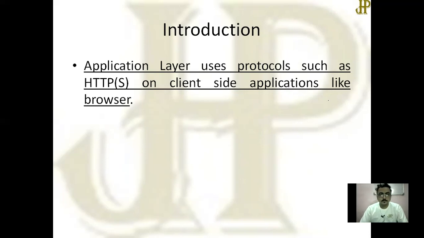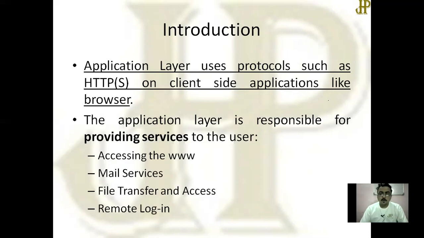And we already read that the application layer is responsible for providing services to whom? To the user. And these services are accessing the www, mail services, file transfer and access, remote login.